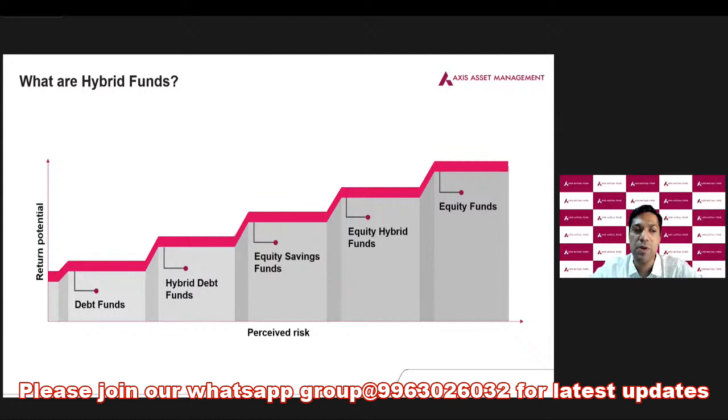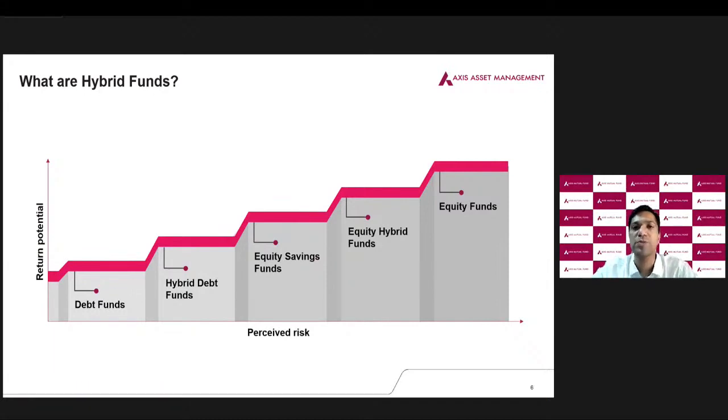The idea is very simple. In the short term, markets can go through ups and downs. You don't get a full cycle, so your experience can get really distorted. A very simple example: if somebody had invested for only 1 year in 2019 and taken the money out in early 2020, they would have faced the massive correction that equity markets went through, and their entire experience would have been distorted.